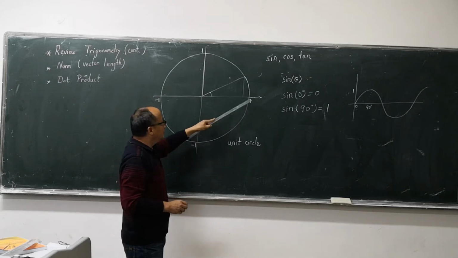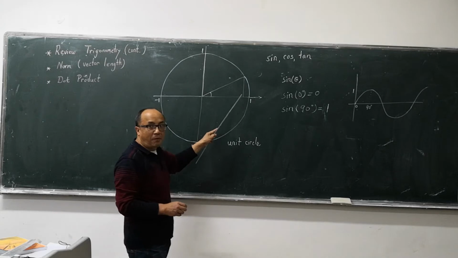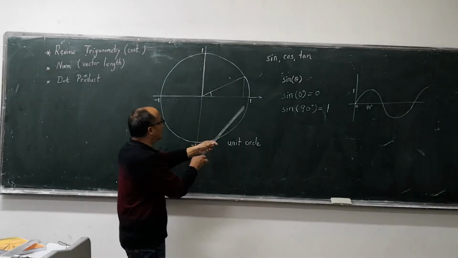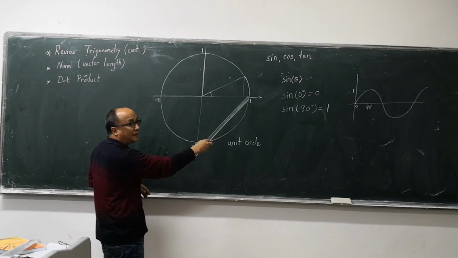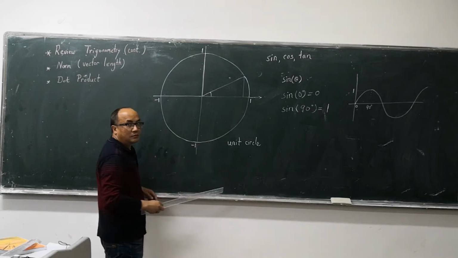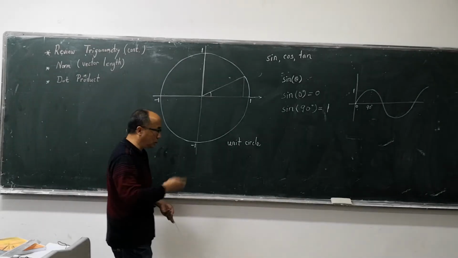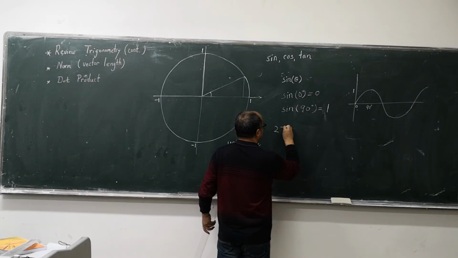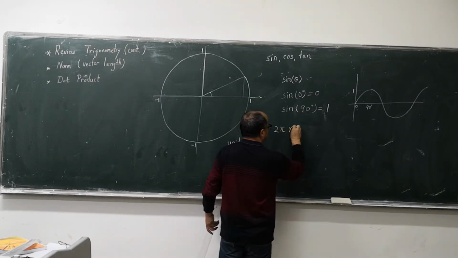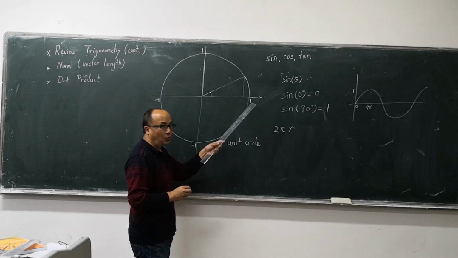The whole circle is 2 pi. The whole circumference is 2 pi. You can calculate it because the circumference is 2 pi r. R is 1.